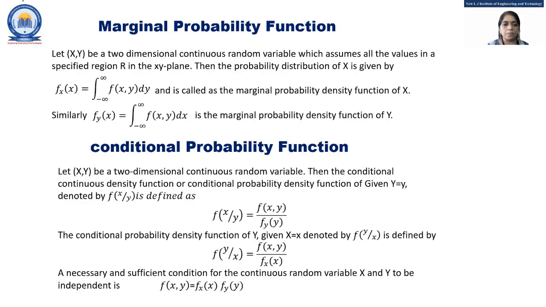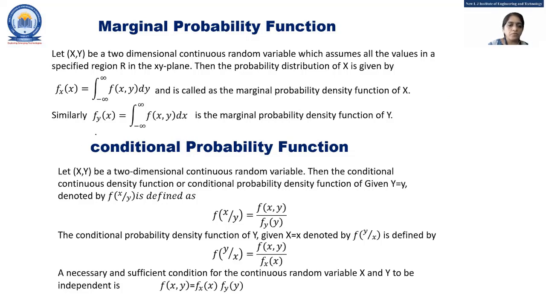Let's move to the next topic, the marginal probability function. Let X and Y be a two-dimensional continuous random variable which assumes all the values in a specified region R in the xy plane. Then the probability distribution of X is given by f(x) for all x equal to the integration from minus infinity to infinity of f(x,y) dy, and is called the marginal probability density function of x.